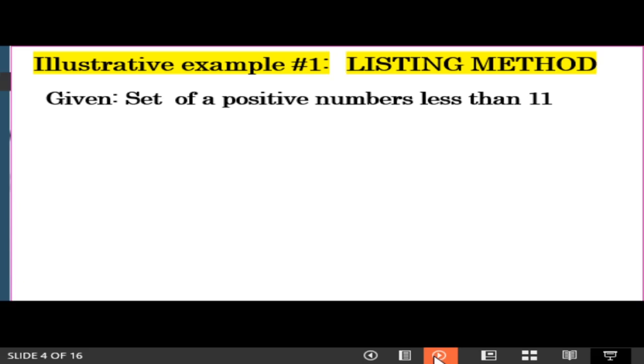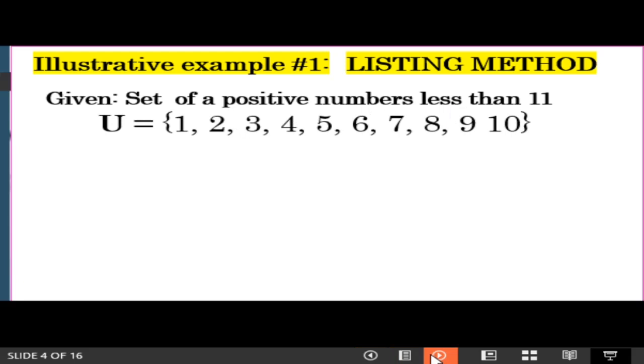Let's take an example using a listing method. Here's the given: a set of positive numbers less than 11. So let us first identify our universal set, which is the set of positive numbers less than 11. So we have 1, 2, until 10.